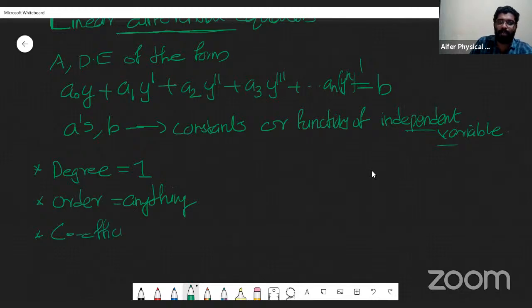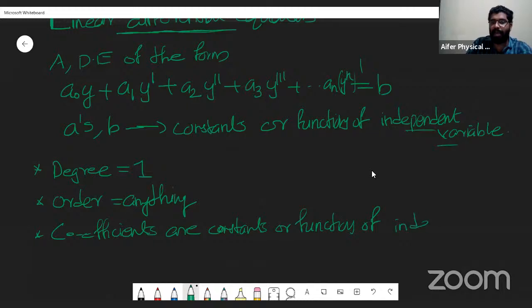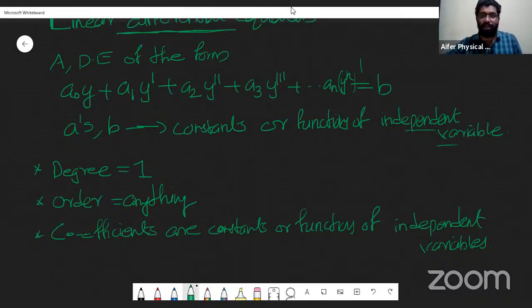Coefficients are constants or functions of the independent variable. Okay, so this is all about linear differential equations. If a coefficient is a function of the dependent variable, then we cannot say this represents a linear differential equation.